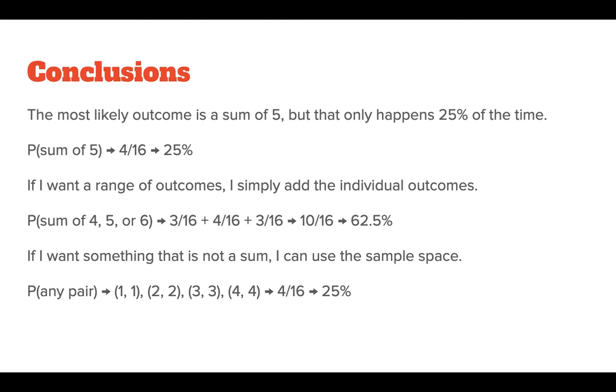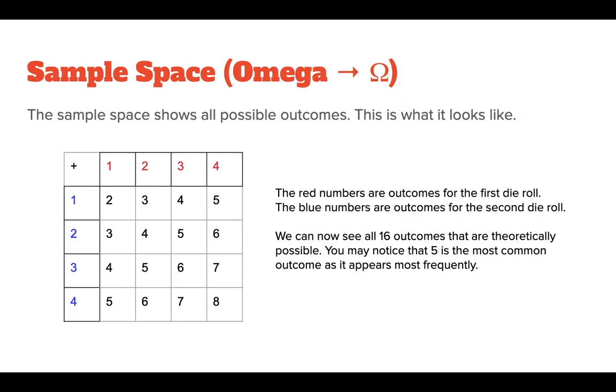Now, let's say I don't want a sum. Everything I saw in my sample space was based on what the sum was. But you can still look at the outer blocks and see what we have. So if I say the probability that you get a pair, well, if I go back, even though these numbers don't indicate pairs, I can still say, well, a pair would be both die or ones.